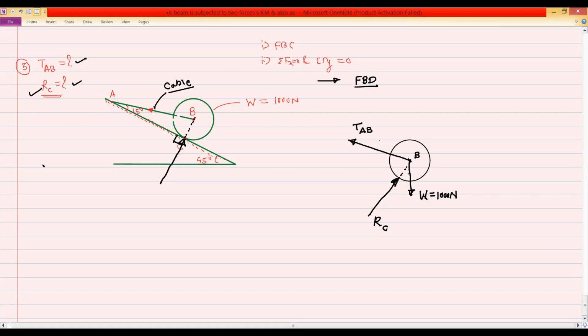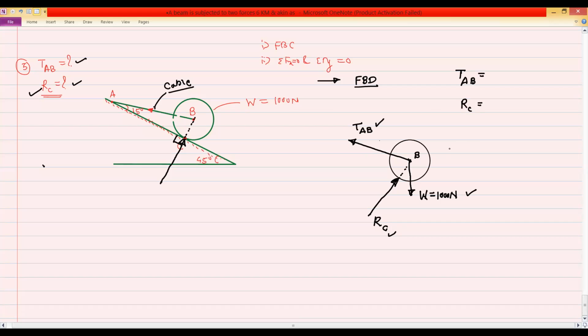So in the FBD, there are three forces. One is tension AB. Second is the self weight of the sphere, that is 1000 Newton. And third is the reaction RC. We have to find the unknown values, the tension AB and the reaction RC.